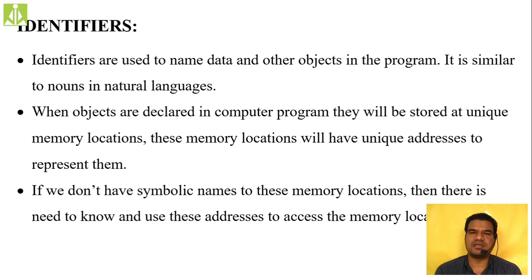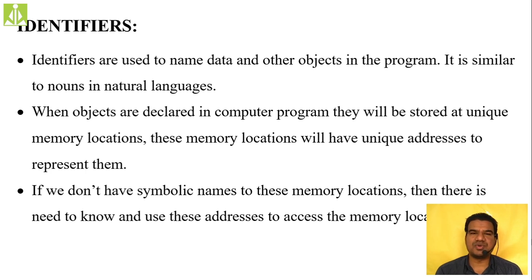The first thing, we allocate memory for the values. Second, we store the values in those memory locations. Third, we manipulate the values according to the programming logic or problem solving technique. And the fourth one is we display that result.